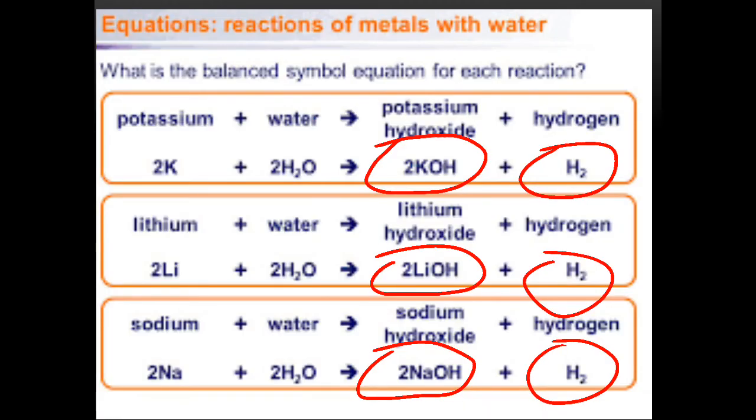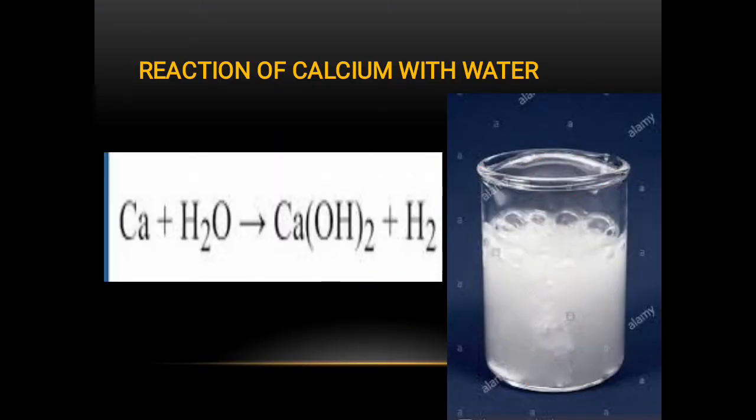How it happens and what observations we get, we are going to discuss in the coming slides. Next we see calcium, the third element in the reactivity series. It reacts with water to produce calcium hydroxide and hydrogen gas.